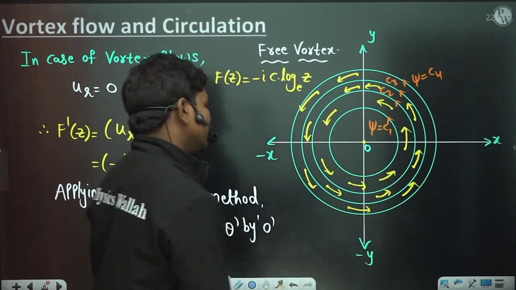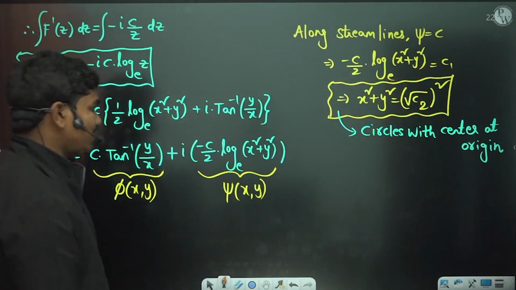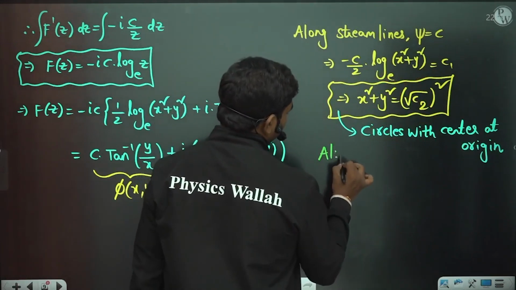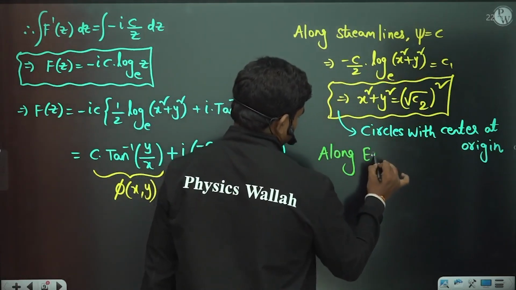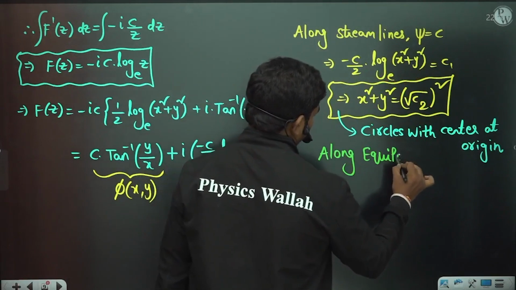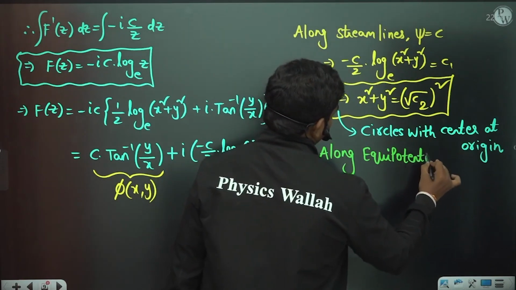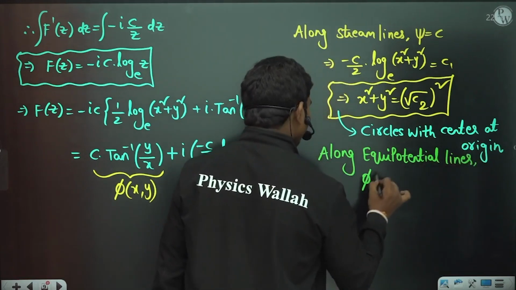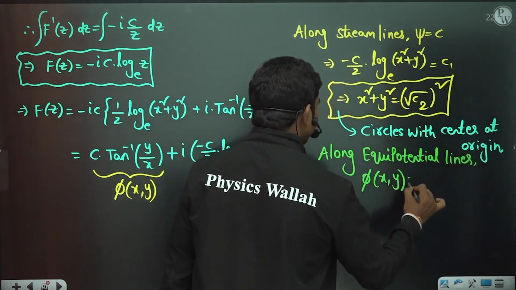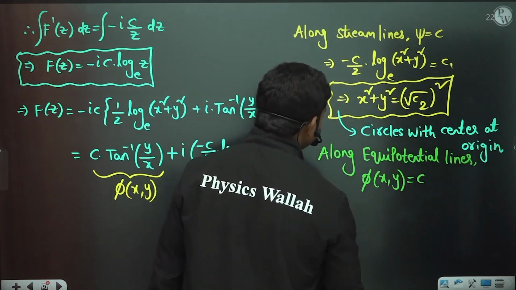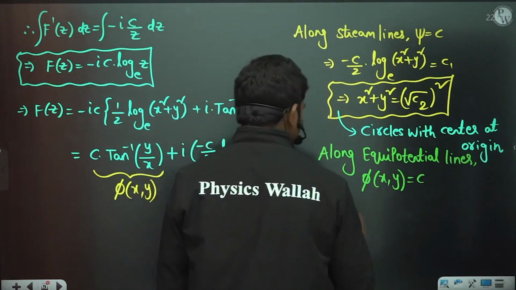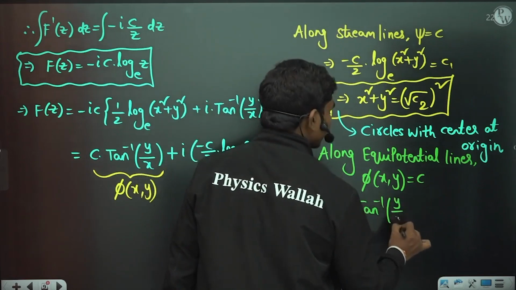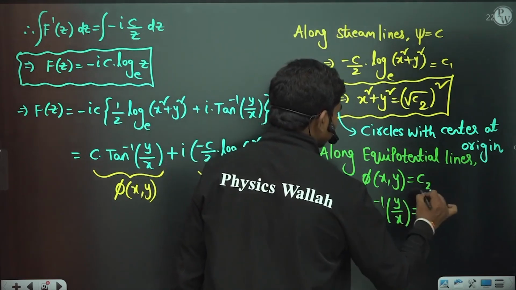Now similarly if you write about the equipotential lines, along equipotential lines, phi of x comma y is equal to constant. So this implies phi of x comma y equal to constant. So c times tan inverse y by x is equal to some constant, say c3 for example.